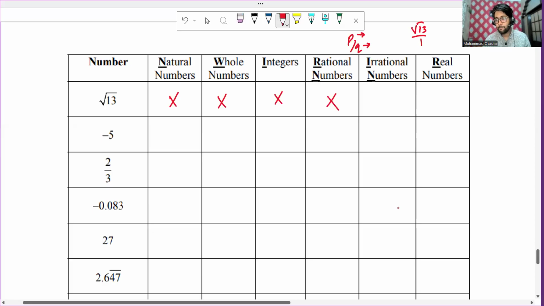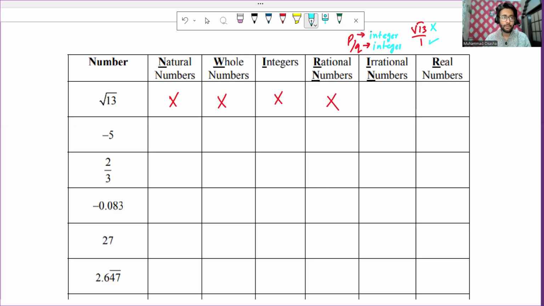Think about it for a while. I just wrote it as P over Q. It would still not be rational because P over Q should have integer on top and integer at the bottom. Although 1 is an integer, square root 13 is not an integer. So it's not a rational number. It is irrational, yes. Of course, it's a real number as well.